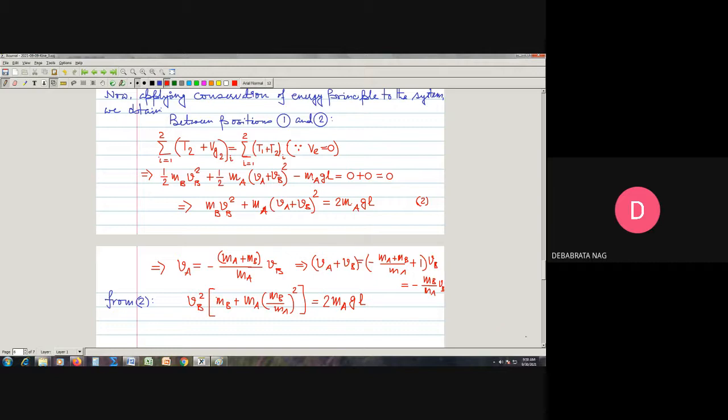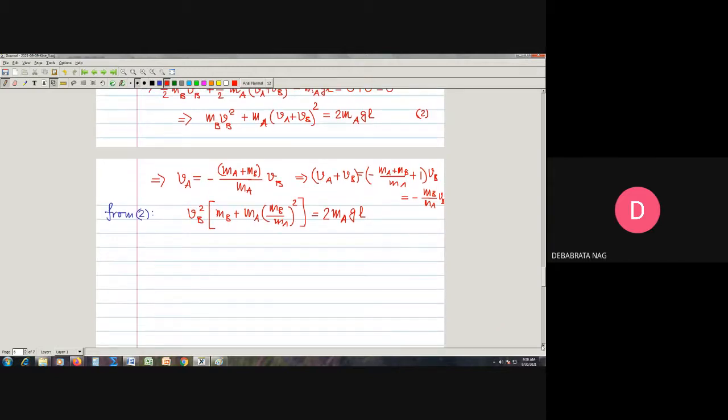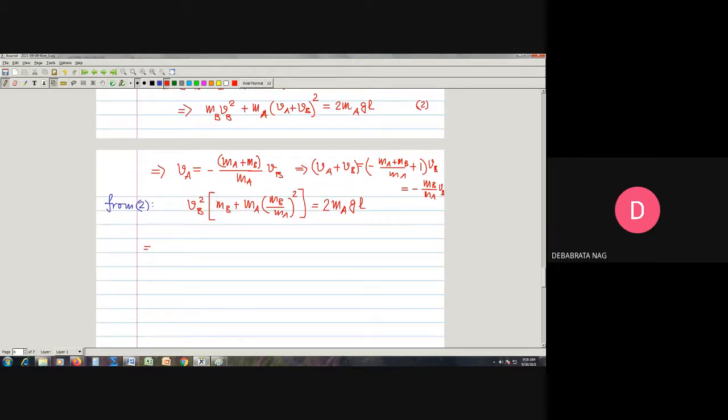So ultimately, we can write from here that VB square, that means our desired velocity, is equal to twice MA into GL divided by MB plus MB square divided by MA square.